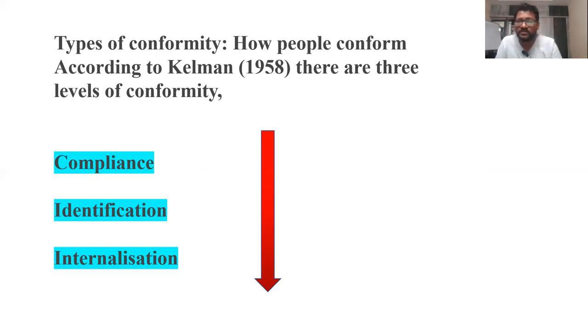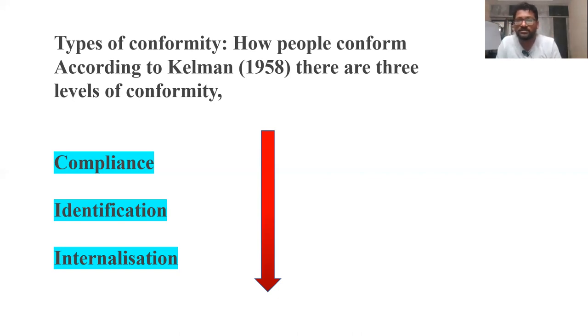It is still a temporary change, where the individual is likely to revert back to their original opinions or attitudes. So compliance is very superficial, the next deeper one is identification, and the third one is internalization.